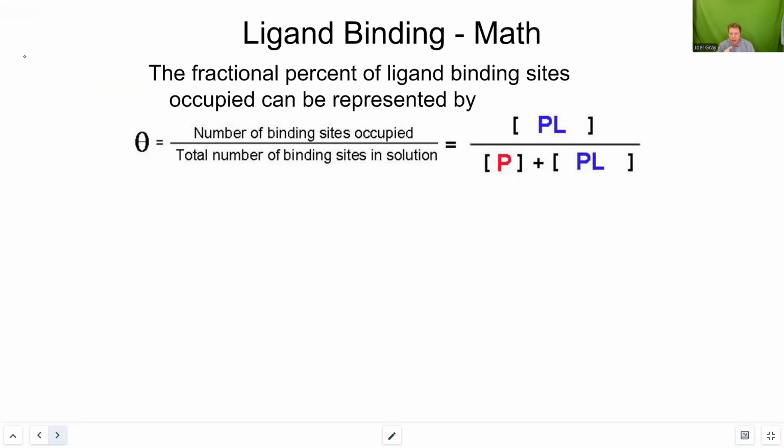So we've got the concentration of PL to represent the number of binding sites that are occupied, and then free P, free protein, plus the concentration of protein-ligand. Because on the bottom, that's going to represent the total number of binding sites. Some of those binding sites are left vacant. Some of them are occupied.